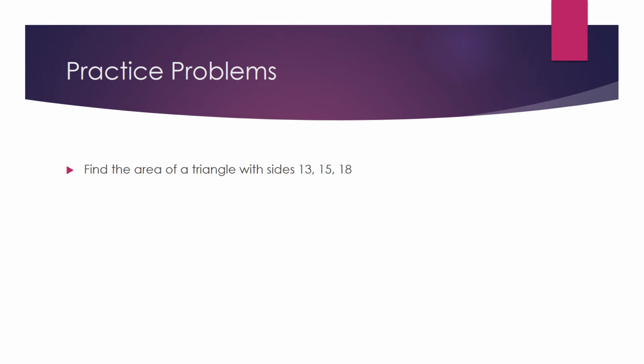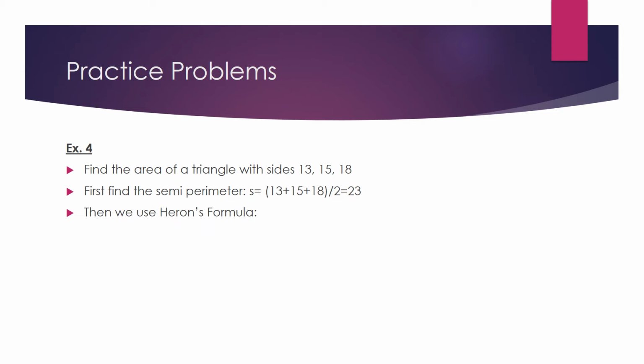Using this newfound formula, we can find the area of a triangle given its 3 side lengths. So if, per se, we're given the side lengths 13, 15, and 18, we can do just that. First, we're going to find the semi-perimeter, which you just add the 3 sides together and divide by 2, giving you 23. Then we use the formula.